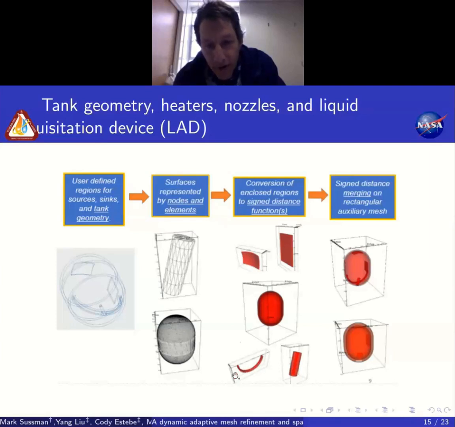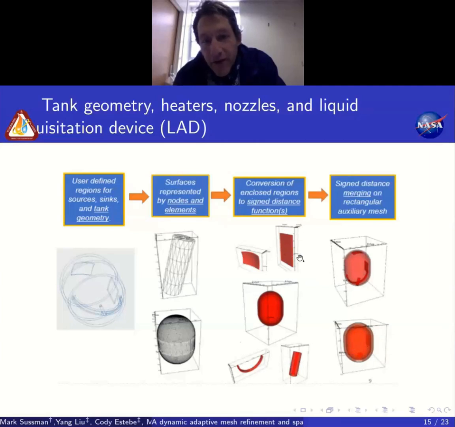This is after converting these to a level set function. This is the zero isosurface of the liquid acquisition device. This is the zero isosurface of the inlet nozzle, and then we have the tank. And then we can merge all the pieces together.